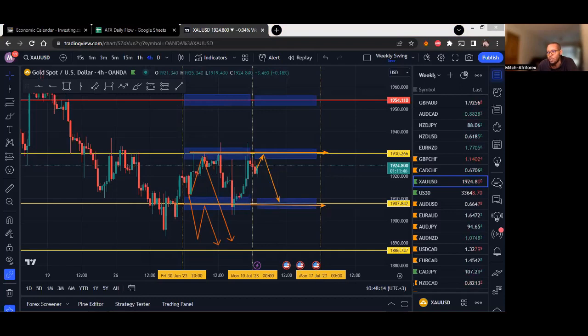But there's also a possibility, especially if these sellers right here did not have enough strength to bring the price down lower, that we could get the price spiking to the upside, inciting a number of people to look for the buys before we see those selling opportunities coming in. So in this situation, we'll just need to be patient and wait to see. You can see the sellers' reaction over here doesn't look too strong.